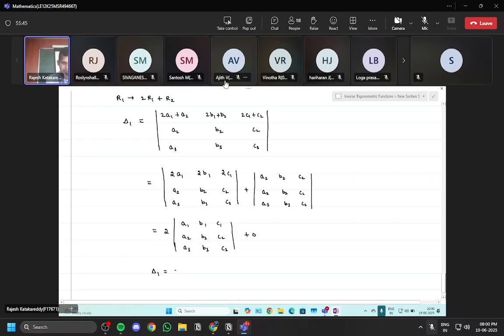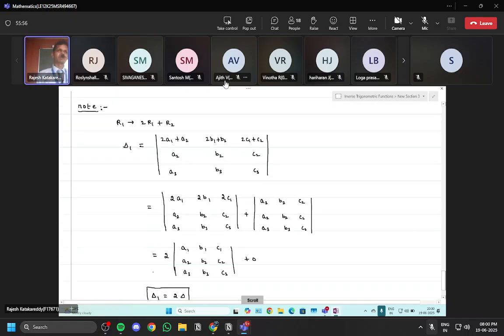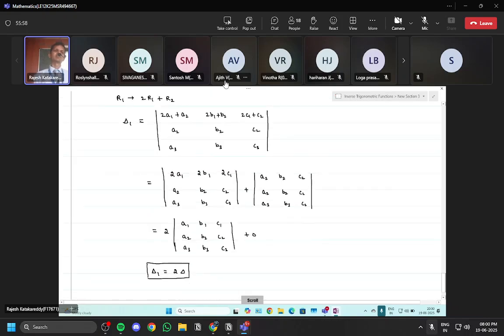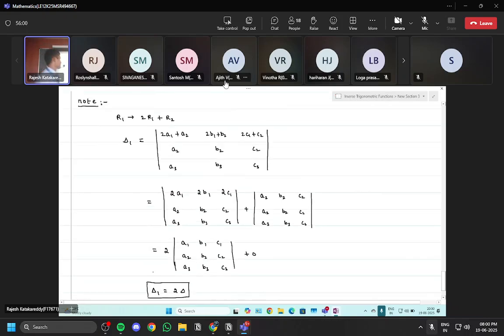Delta 1 is 2 times delta. You guys understood this one, right? If I am multiplying by some real number other than 1, I should multiply the same real number to the determinant. Then only it will be correct, right?